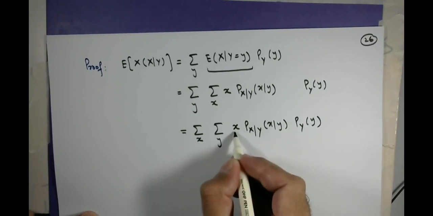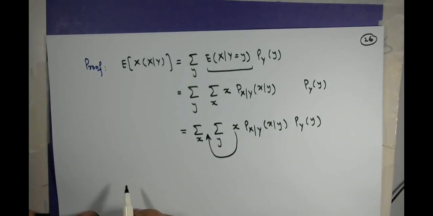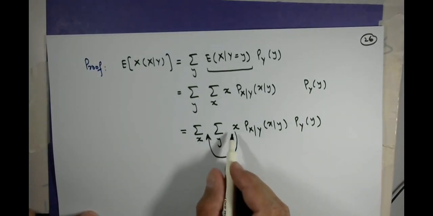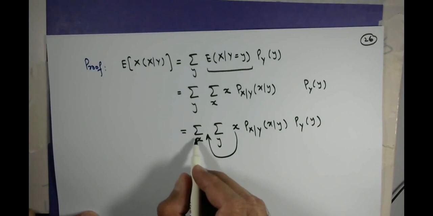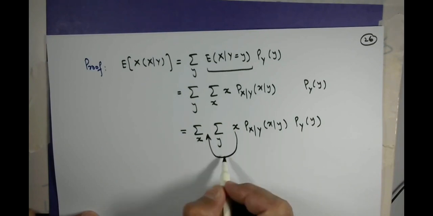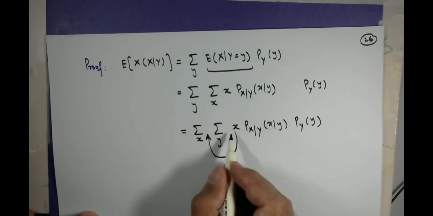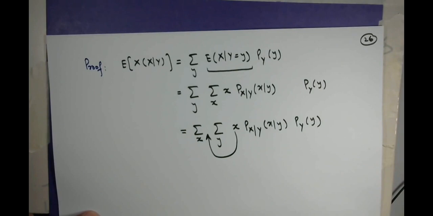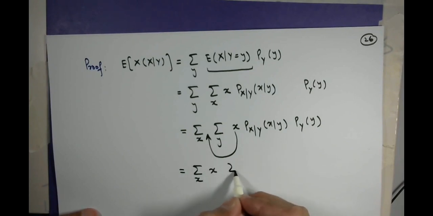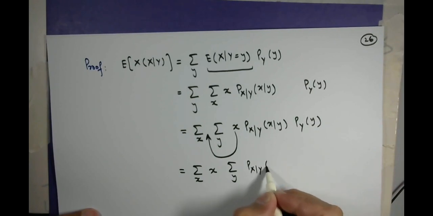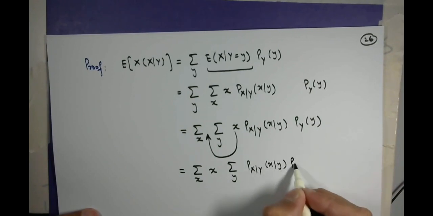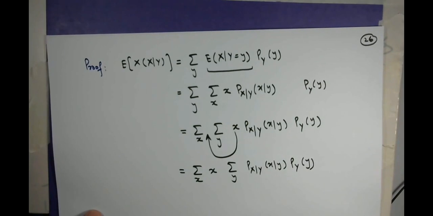Now move this x here, because this x should remain within the summation sign on x, but it can be taken out of summation on y, because this x is behaving as a constant when you take summation on y. So now I can write it as summation on x times summation on y, p sub x given y of x given y times p sub y of y.